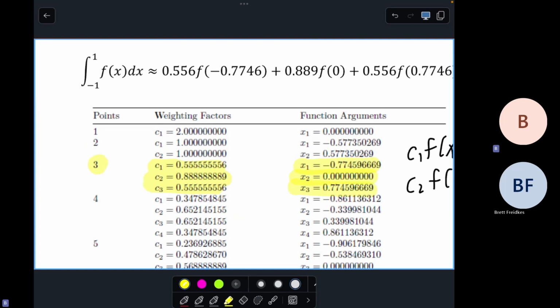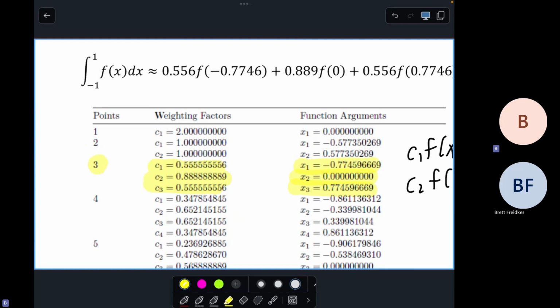That is what we were going to use to find out our approximate area for this function g of t. What do we notice about C1, C2, and C3? What do they add to? They add to 2 because we're going from -1 to 1.